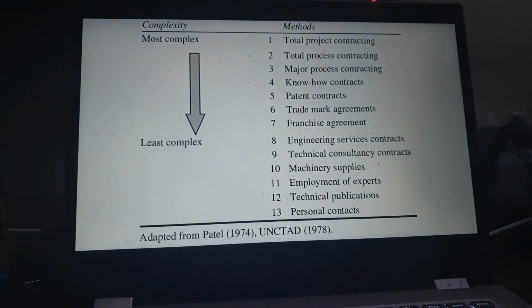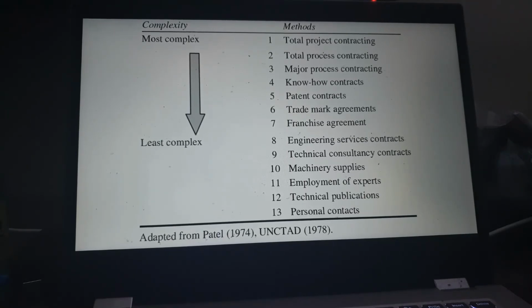Yes, the methods of technology transfer, we have listed them 1 to 13, starting from the most complex, like total project contracting. When we have a contractor coming into a country to totally start a project, that's also technology transfer, pretty complex.